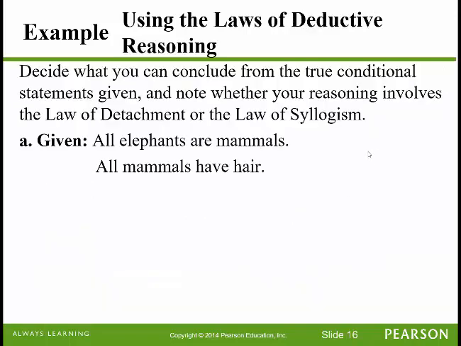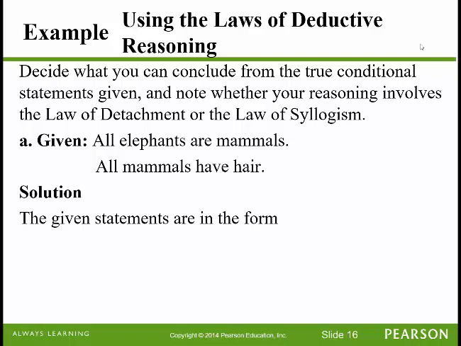Another one. We'll use both the law of detachment and the law of syllogism. Decide what you can conclude from the true conditional statements given, and note whether your reasoning involves the law of detachment or the law of syllogism. I have two statements: all elephants are mammals, and all mammals have hair.